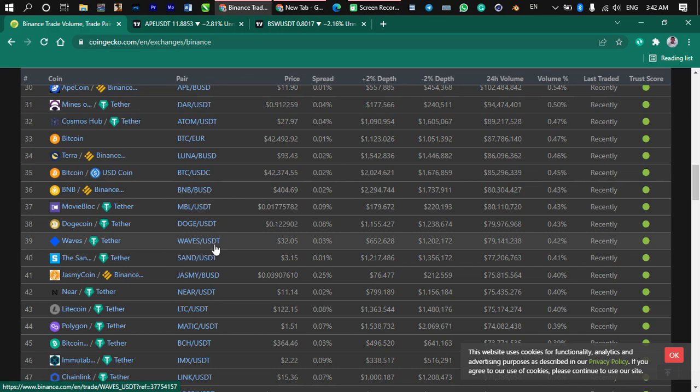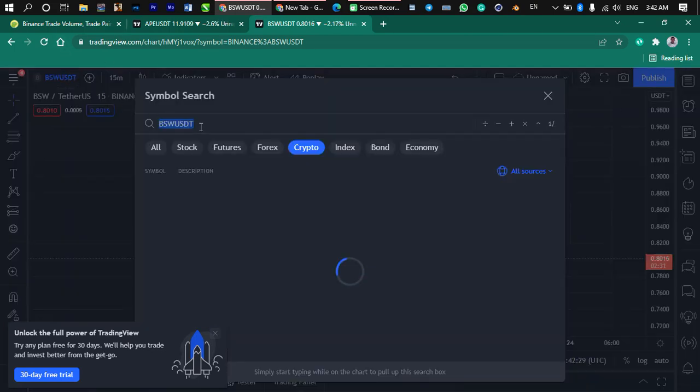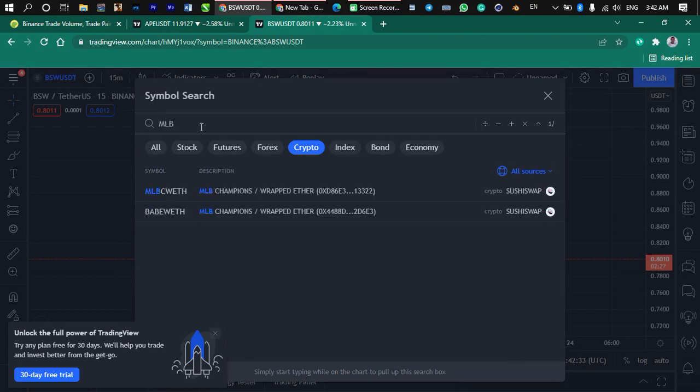Okay, maybe Blur. I think this coin is recently listed as well. Let's check that. MLB. Okay, so MLB, Bitswap, wrapped Ethereum.